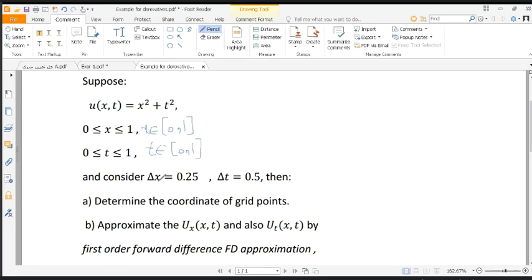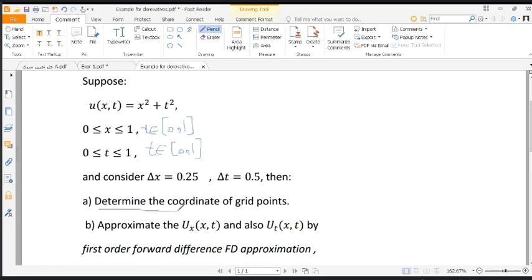Okay? Consider delta x equal to 0.25 and delta t equal to 0.5. Then, first, determine the coordinates of the grid points.